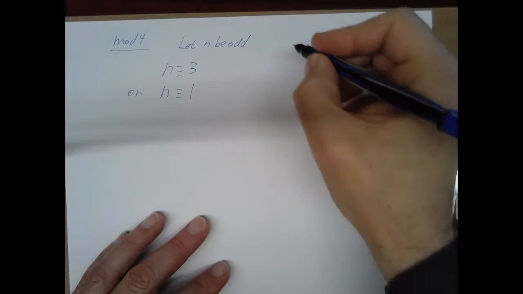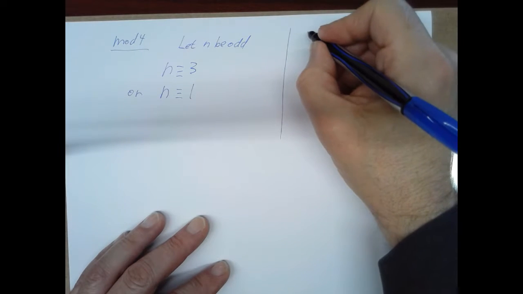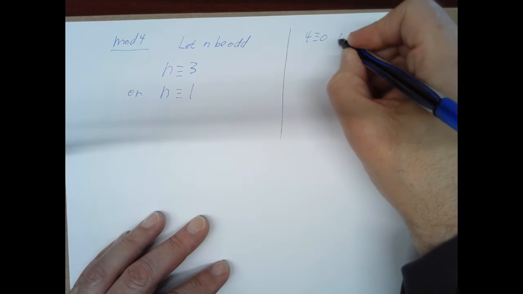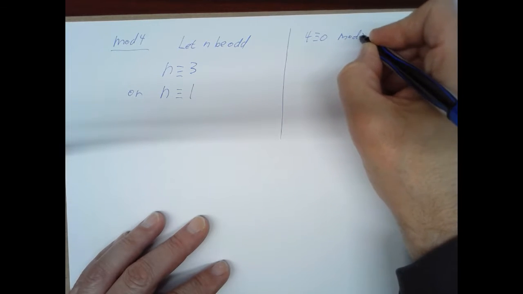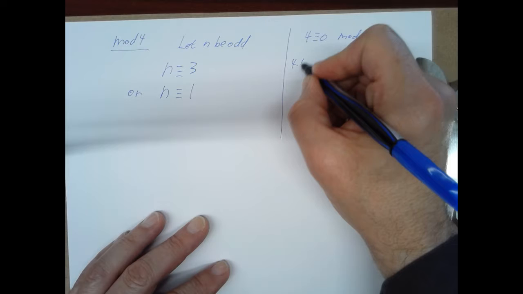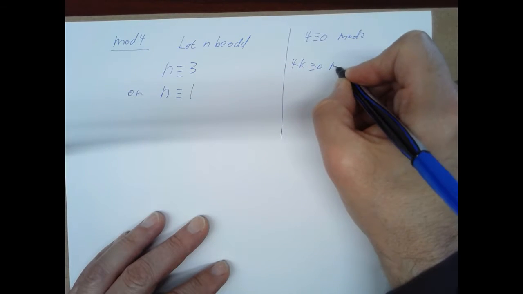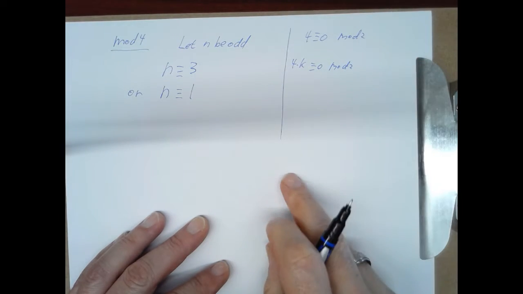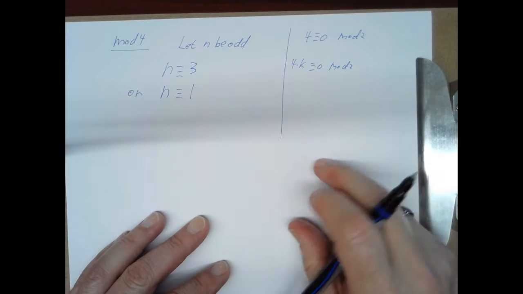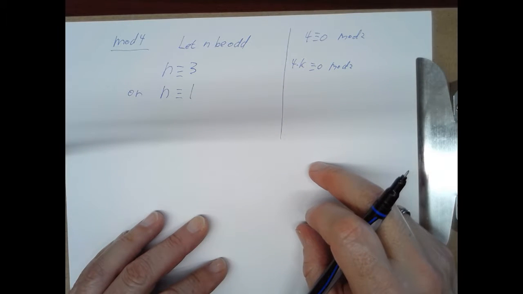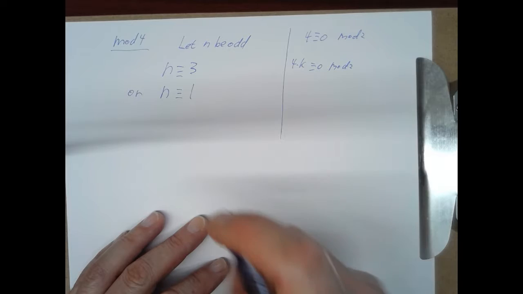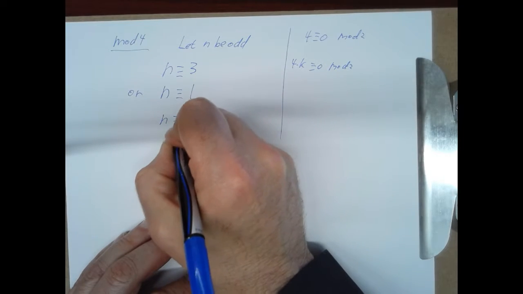If you want to prove that, 4 is congruent to 0 mod 2, and so 4 times anything is congruent to 0 mod 2. So 4 times any number is going to be even. So n is never congruent to 0.